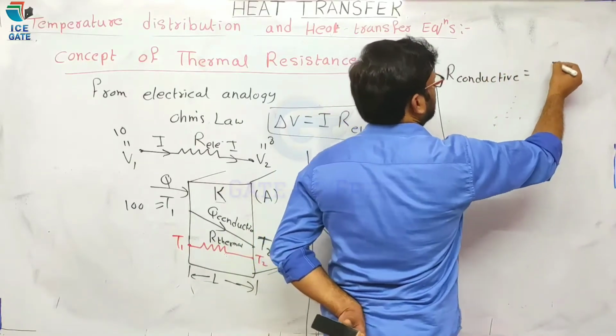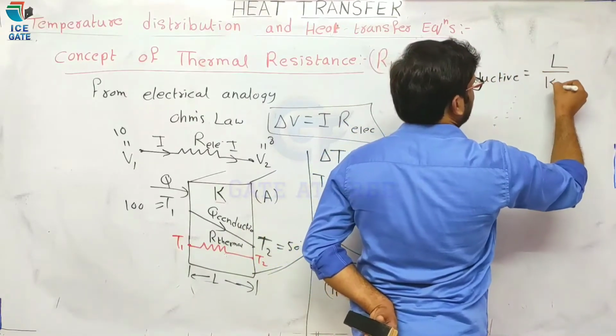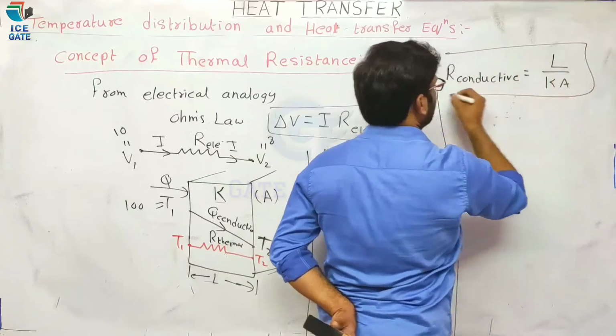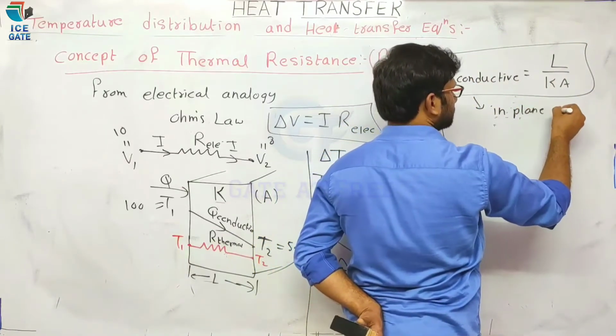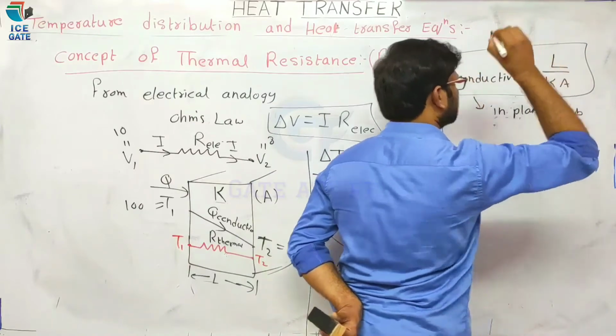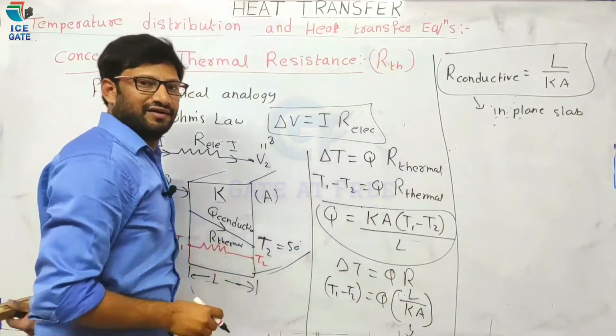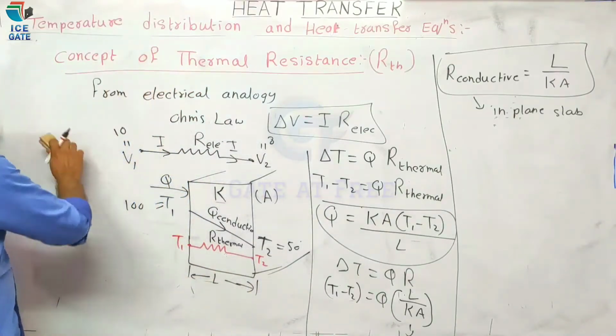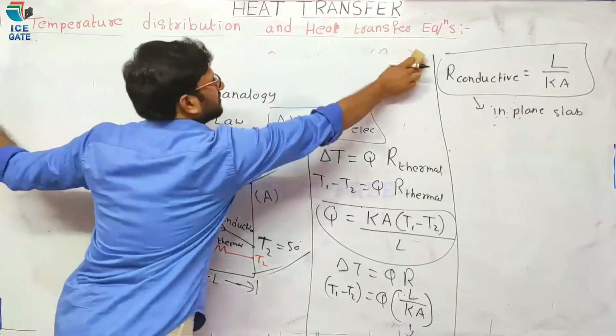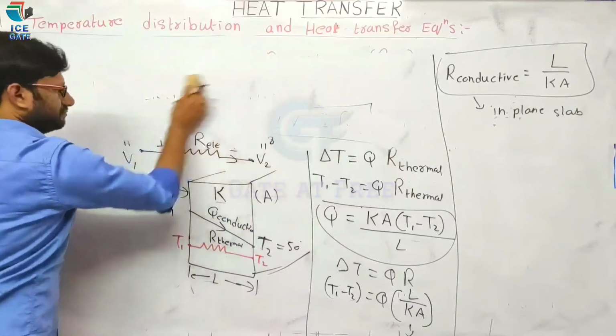Conductive resistance in a plane slab is equal to L by KA. Hope you understood. Now we will see convective resistance in a plane slab.